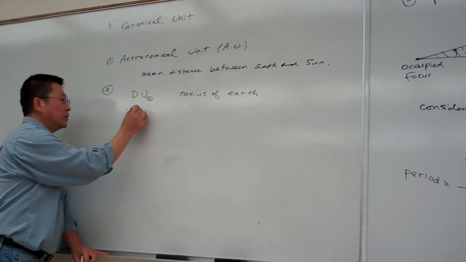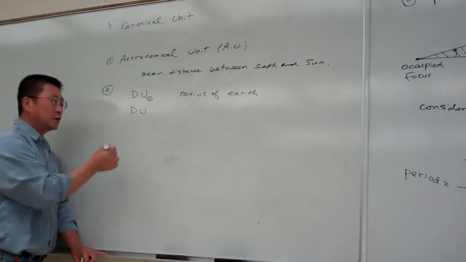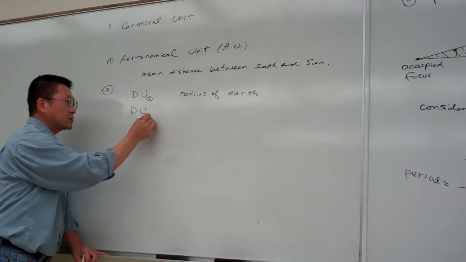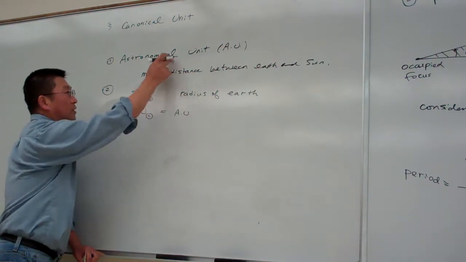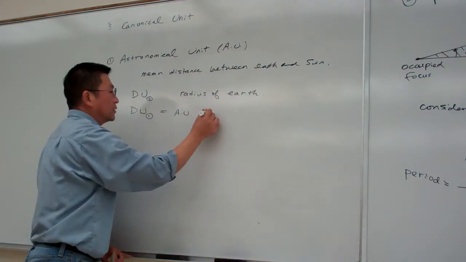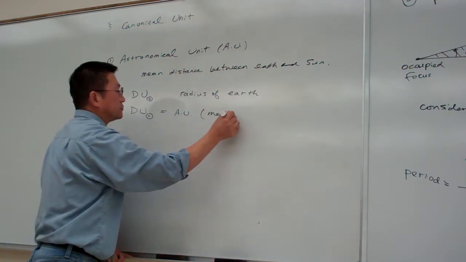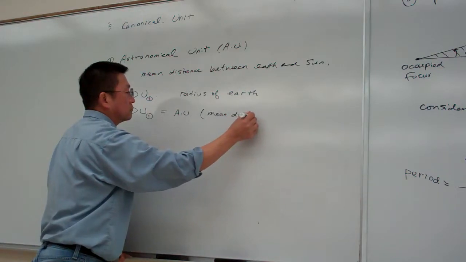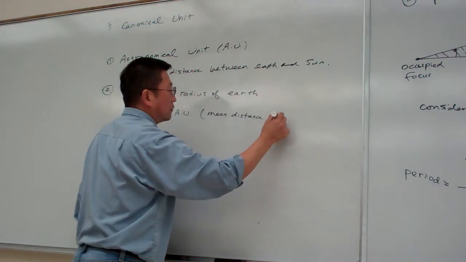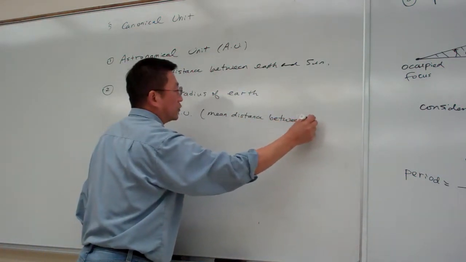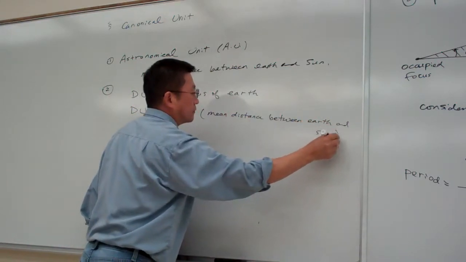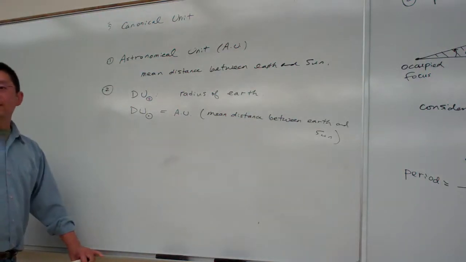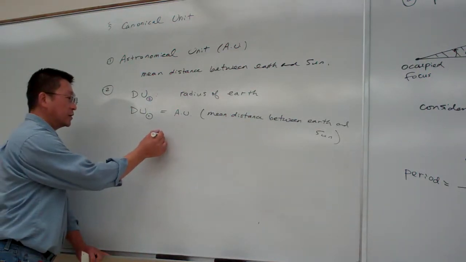Okay, and people will also refer to a DU with this symbol. Basically, this is equal to the mean distance between the Earth and Sun. And from our textbook, I will continue.